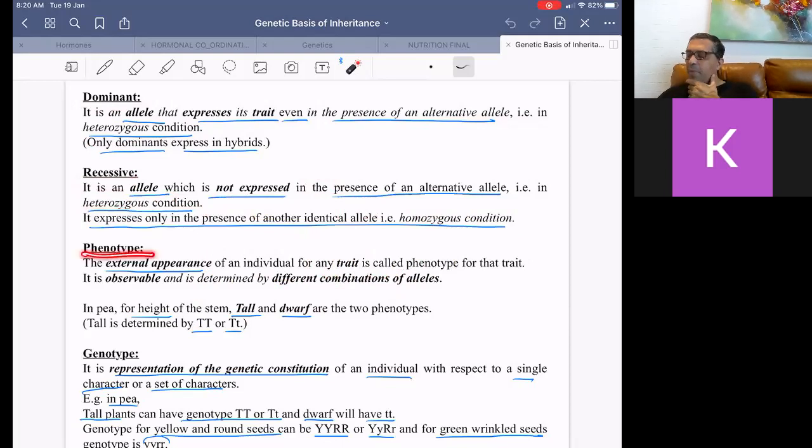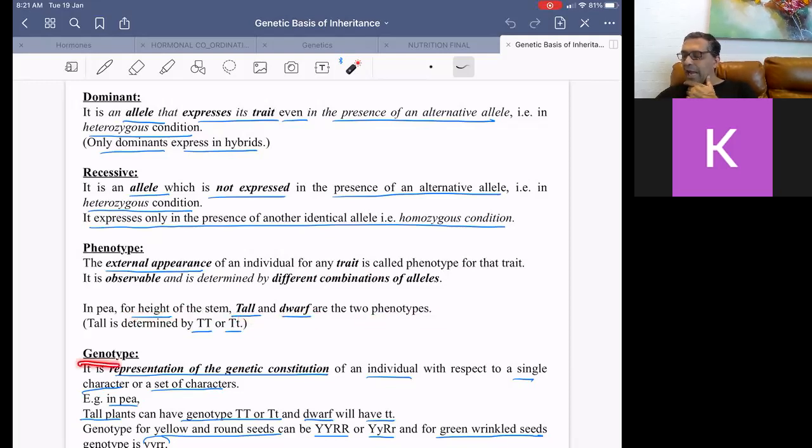Then we have phenotype. The external appearance of an individual for any trait is called phenotype. For example, height of the stem: tall and dwarf are the phenotypes.